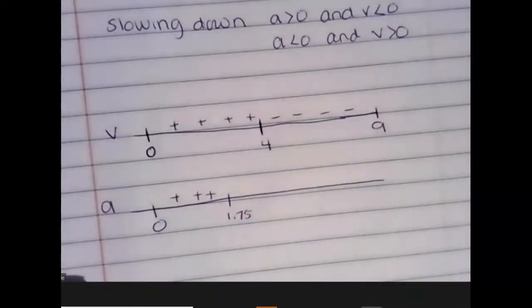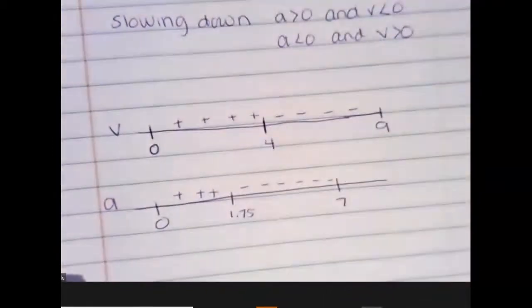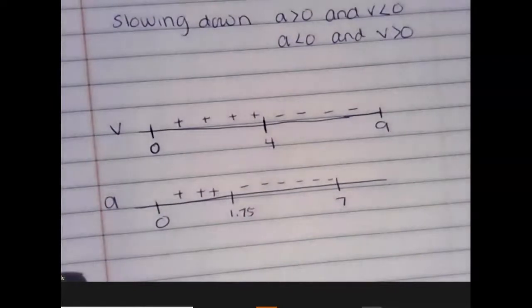If velocity is decreasing, acceleration is negative. That was from about 1.75 to about 7. And then at the extrema on velocity, it begins to increase again, so acceleration is positive from 7 to 9.